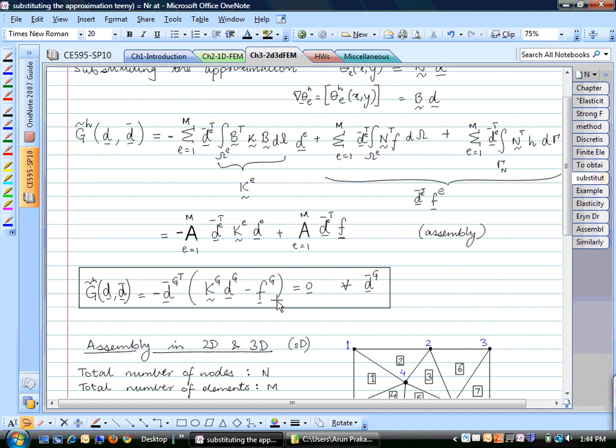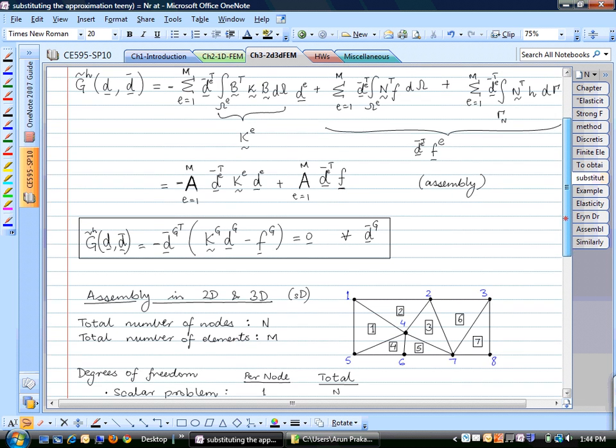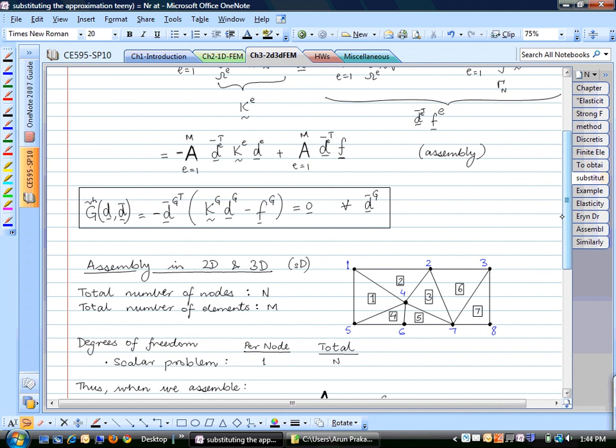Okay, so this is the standard procedure for all types of finite element formulations. You discretize your domain, make sure you use an approximation N times d, plug that into your weak form, and you will be able to come up with this kind of a form that you can then implement on a computer.